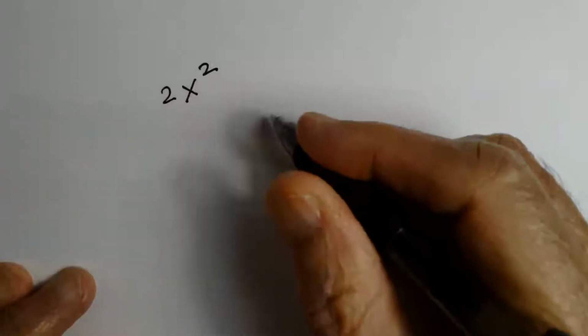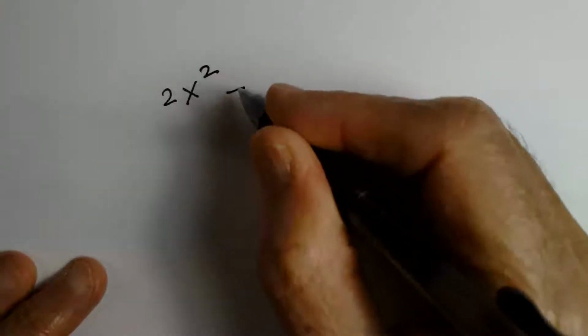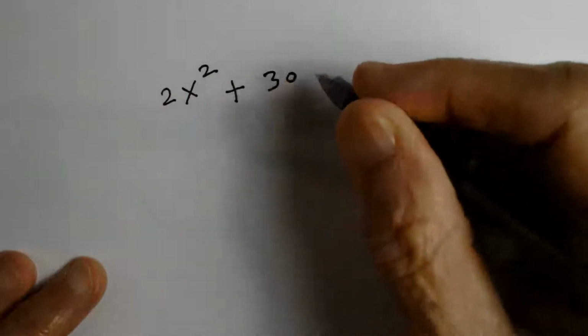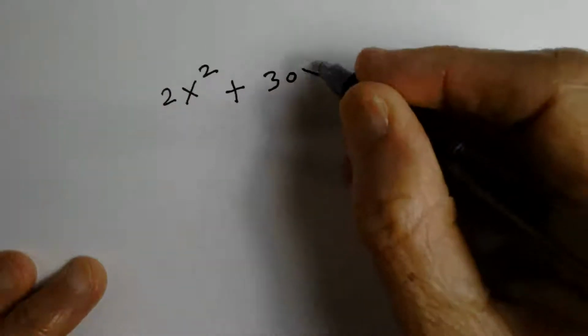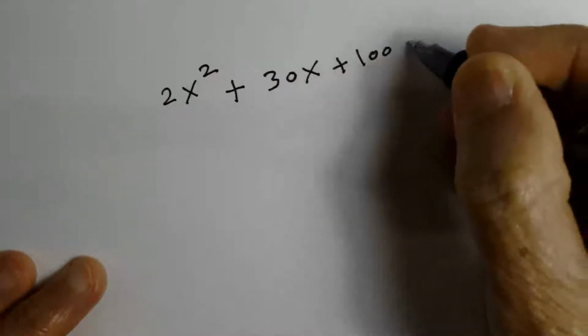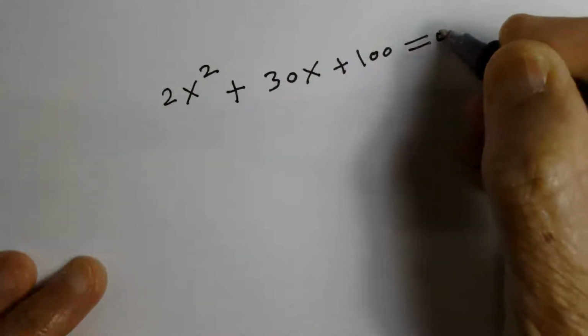Let's have this example: 2x squared plus 30x plus 100 equal to 0.